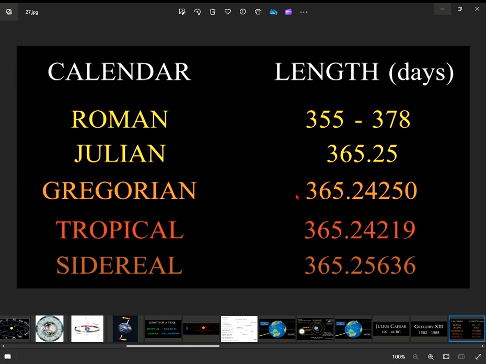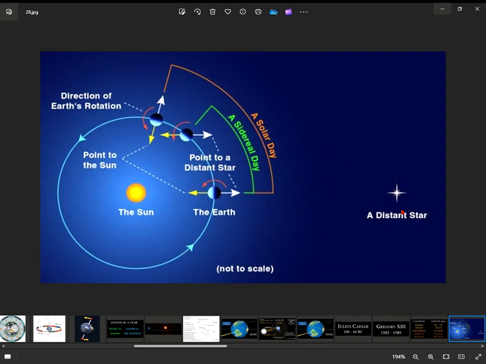The second term is sidereal, deriving from the Latin word for star. Sidereal refers to distant stars or constellations, not to the sun or planets.